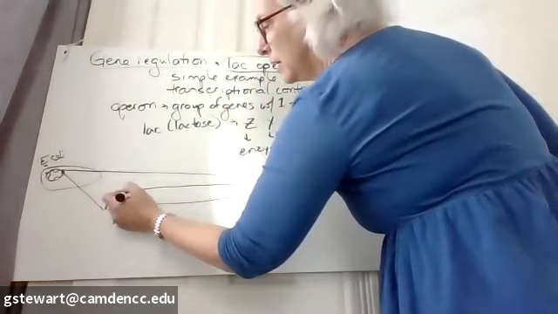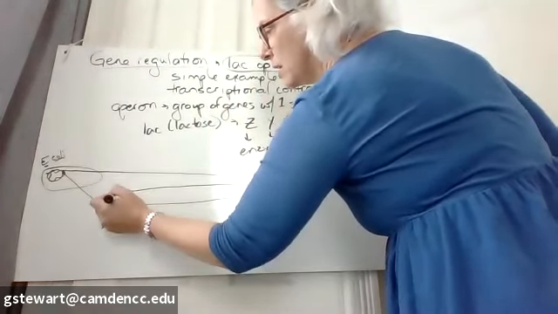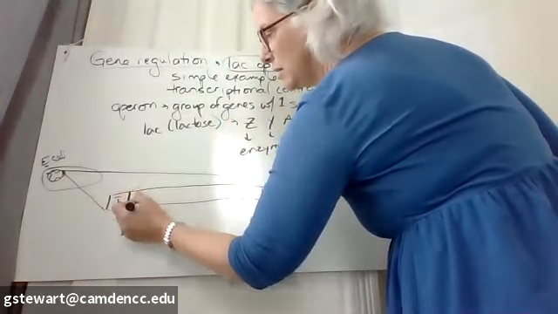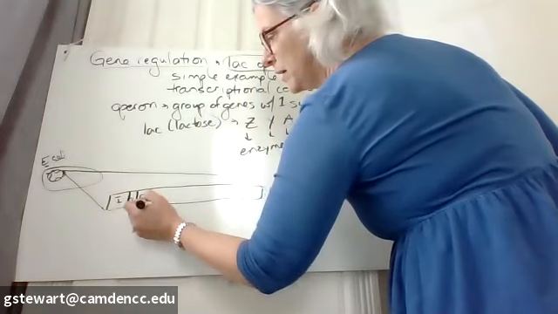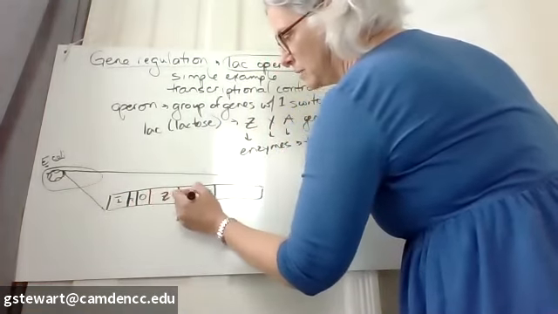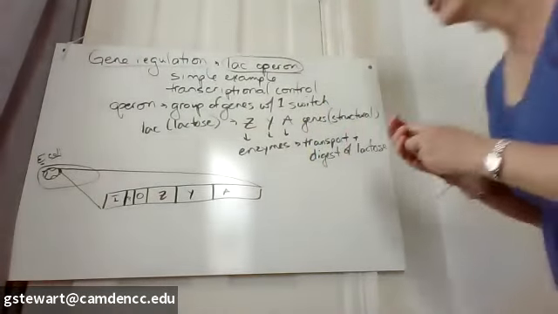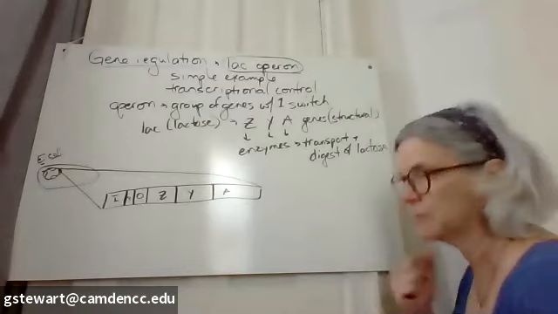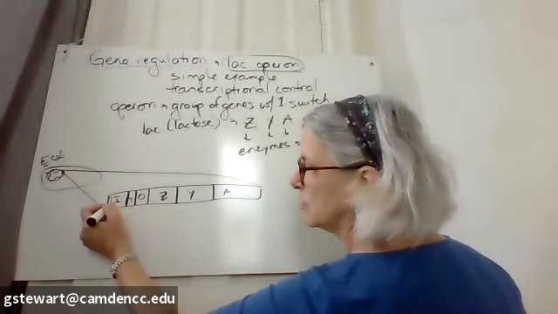So the genes at the front that are all involved in the switch are called the I gene, P, and O, and then we have the three genes themselves, Z, Y, and A. The I gene produces a protein, so it has its own promoter region.